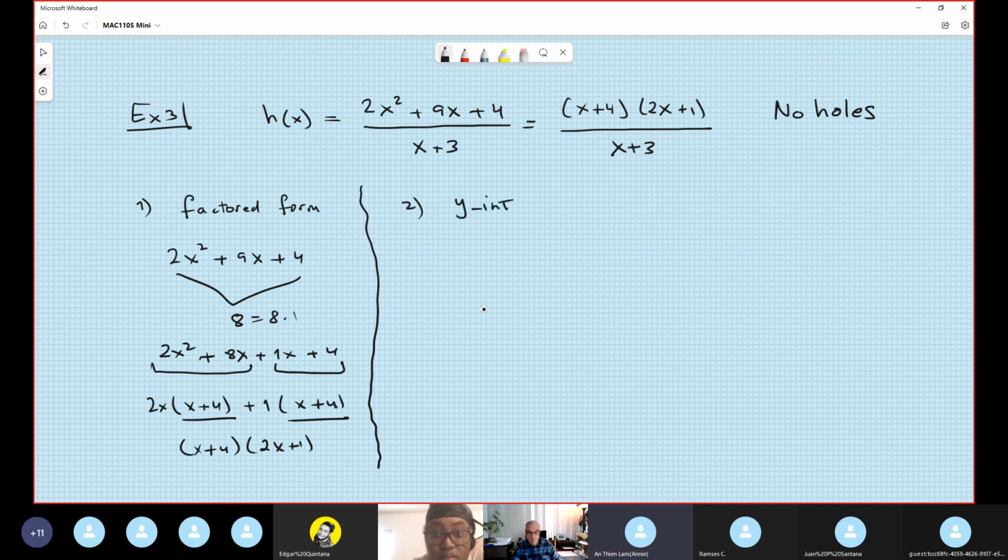Y-intercept. Very well. And this is easy. Evaluation at 0 is 4/3. Look, it's easy. Mentally, in my mind, I delete this part, because when x is 0, the part containing x disappears. And I delete mentally this x, and only alive stay 4 in the top, 3 at the bottom. 1.3 repeated.